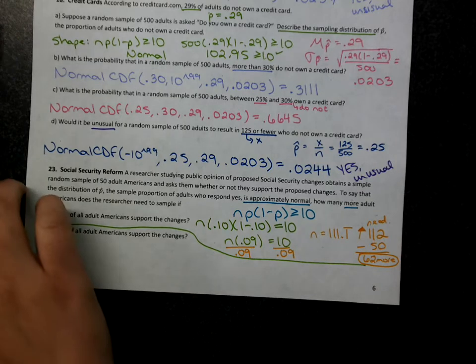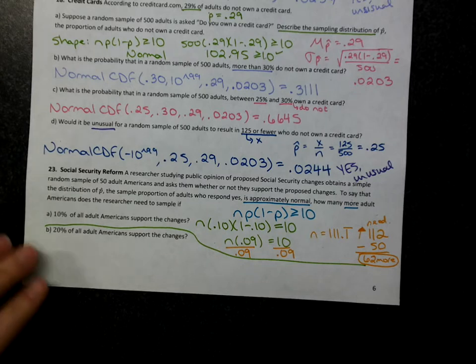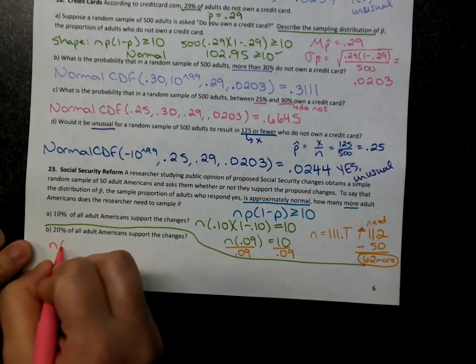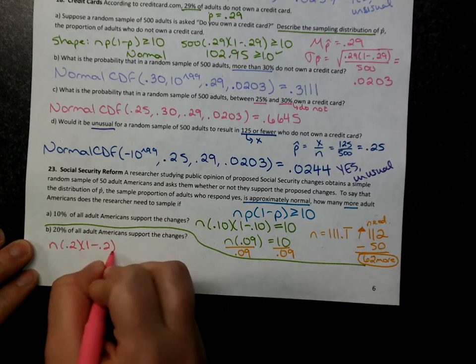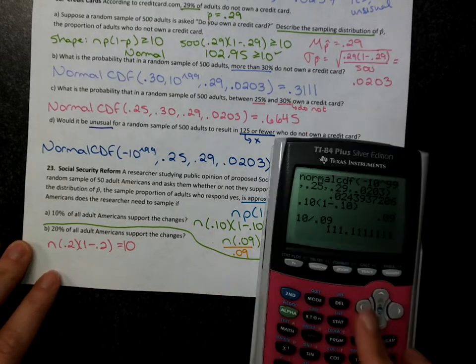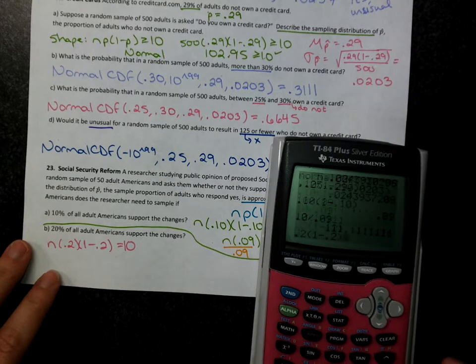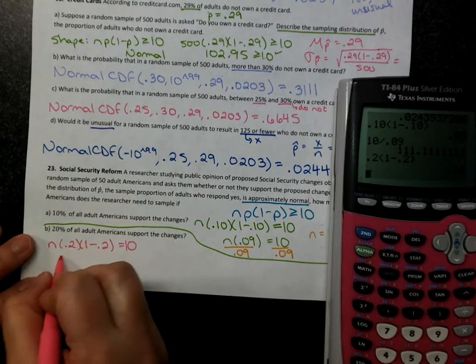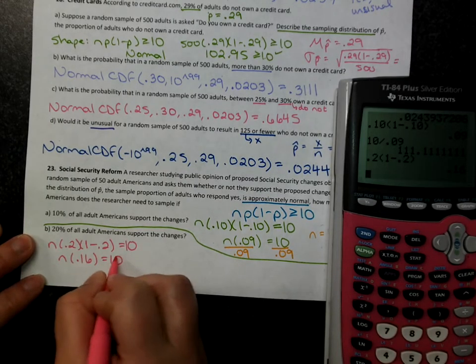Now we're going to do the same thing if 20% of all adult Americans support the changes. So n times 0.2 times 1 minus 0.2 has to be at least 10. So now I'm going to do 0.2 times 1 minus 0.2. So n times 0.16 equals 10.